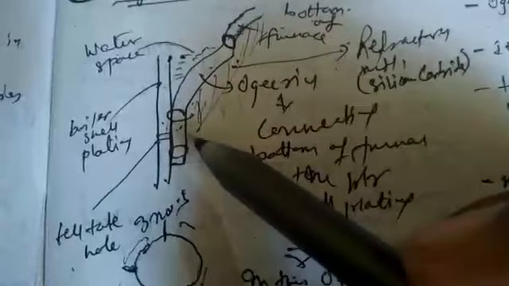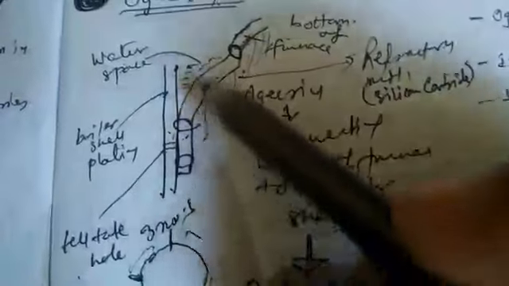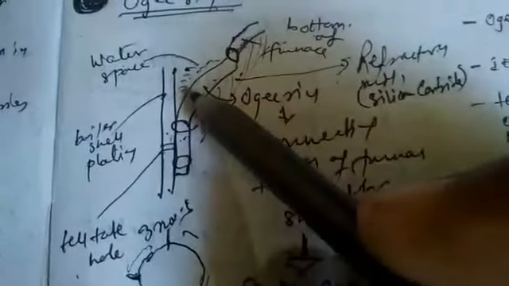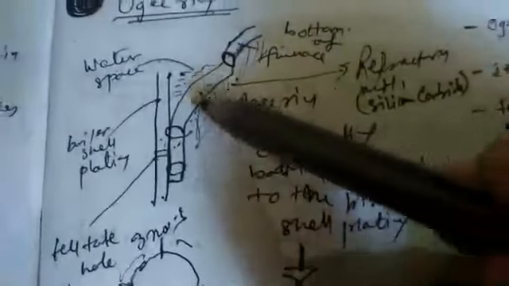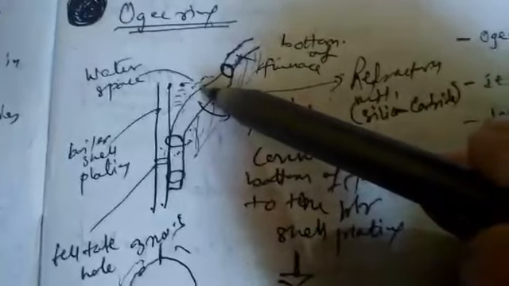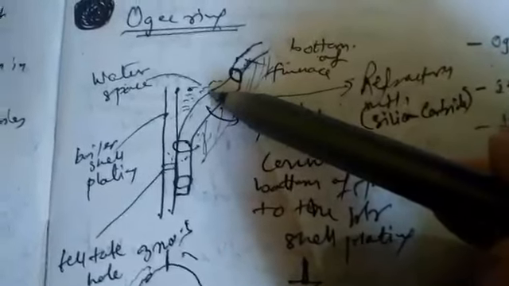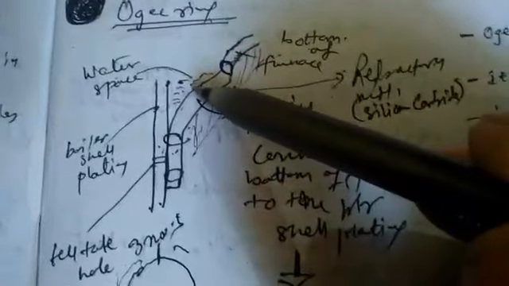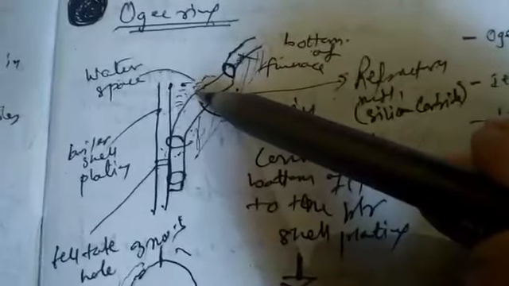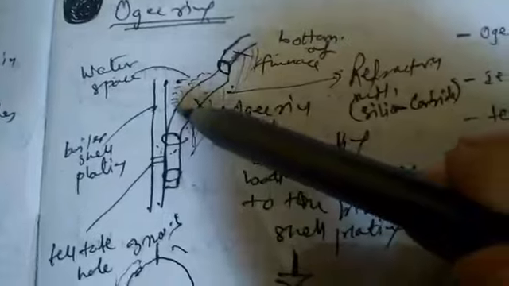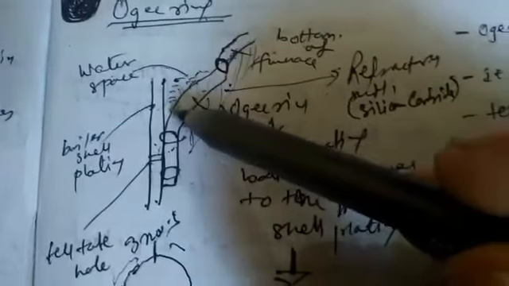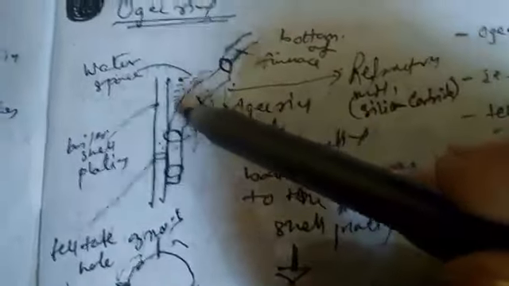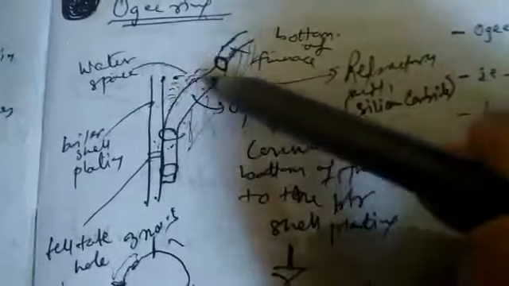Now the point is that in this OG ring region there is no circulation of boiler water. Means the boiler water circulation is very poor in this area. So what happens here is there is a formation of scale or deposits. So the rate of heat transfer is hampered here.